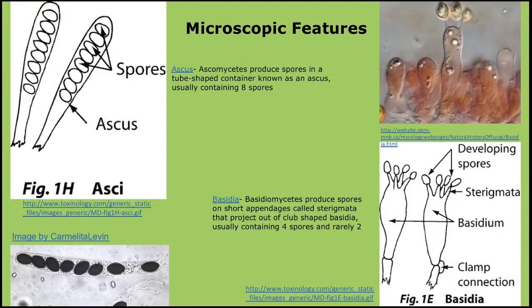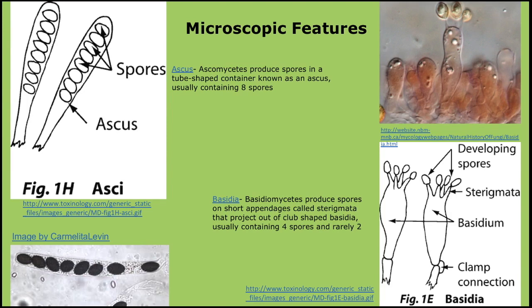You've got your microscope, you're looking down, and you might see something that looks like the image on the right. This is a basidium. It's a type of structure that some fungi are grouped by. It basically produces little spores. So the two images you see on the right are the basidium, part of the Basidiomycetes group of fungi that produces spores on short appendages called sterigmata.